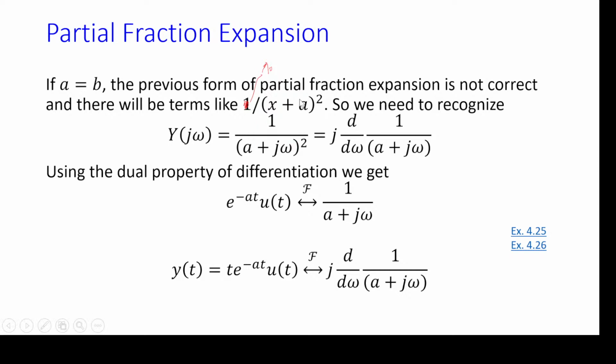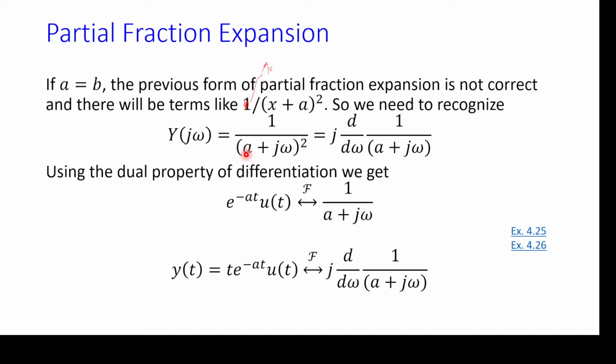Now remember x we usually take as j omega, and so then we need to do the reverse Fourier transform of 1 over a plus j omega squared, right? We have some term that looks like 1 over a plus j omega, and want to know what the Fourier transform is. And once again, we don't really want to do the integral, so we use the differential property to help us.